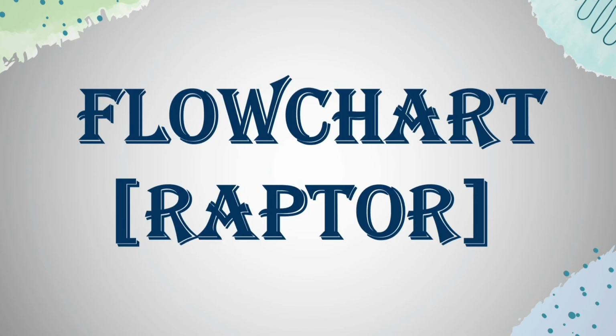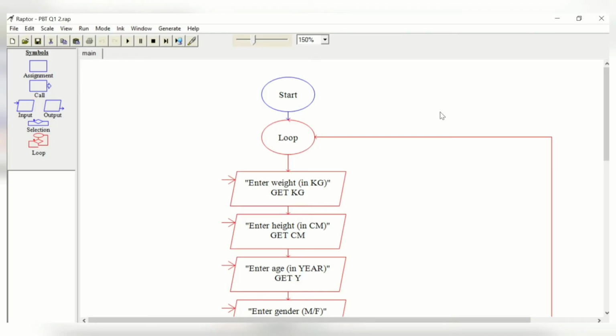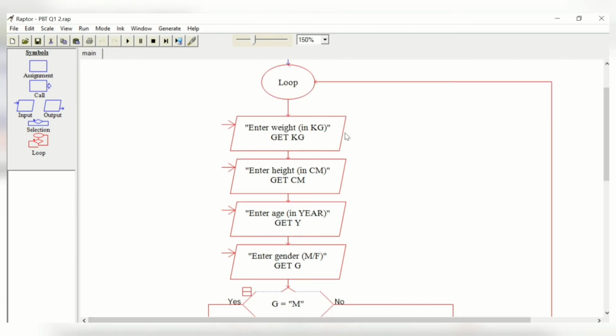Now I'm going to explain the flowchart by using Raptor. So this is the coding for question 2. First we need to put start and then loop. This is the loop symbol. The loop symbol allows us to repeat one or more segments until some given condition becomes true. And then these are the input. This is the input symbol.